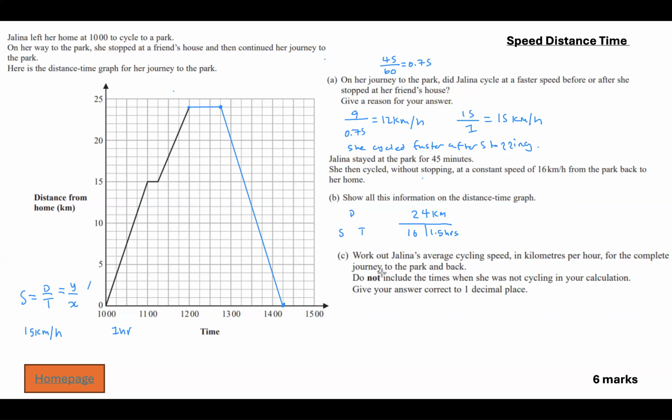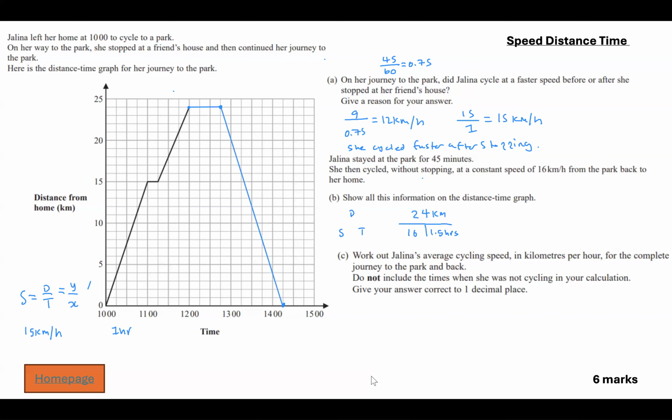And then it says, work out Elena's average cycling speed in kilometers per hour for the complete journey to the park and back. Give your answer correct to 1 decimal place.